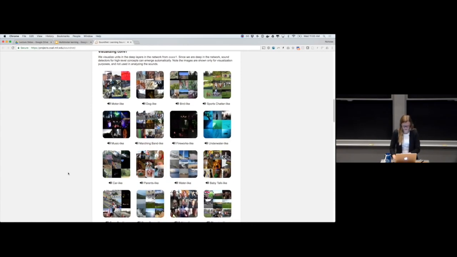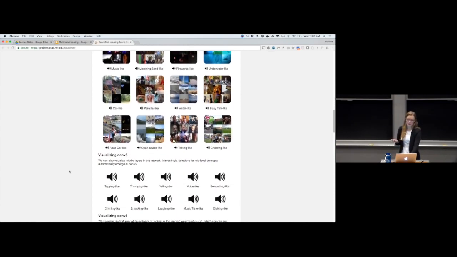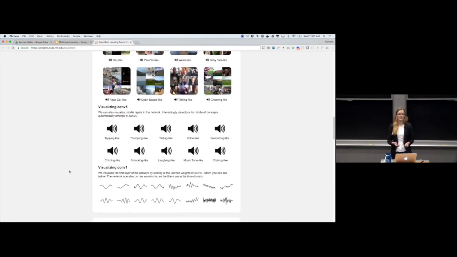Hi. So these are sort of fun to play with. We can also look at other neurons in other layers. So we expect CONV7 to have higher level features, but we can look at CONV5, say, which will learn lower level ideas about sound. So here we've got a laughing neuron in CONV5. So these are really cool because this is all done sort of naturally with this vision supervision idea.